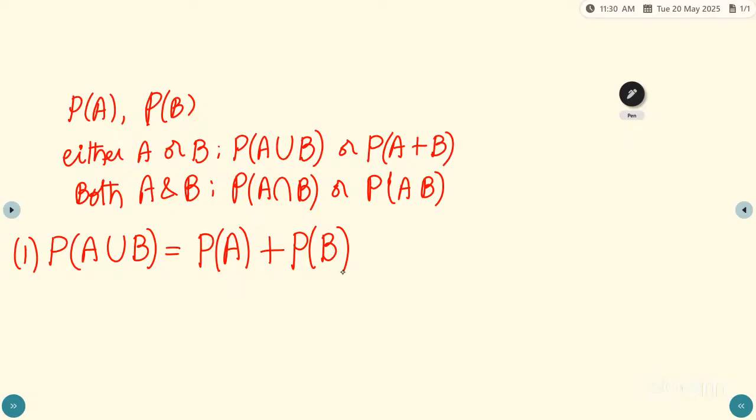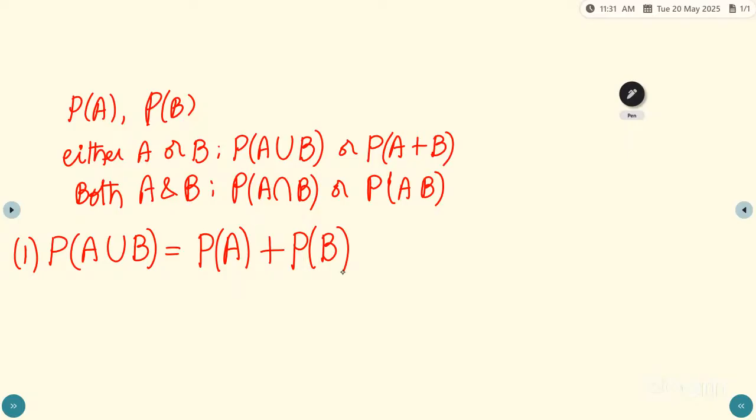Is there any possibility of getting both sun and rain at the same time? You can say loudly. Yes, there is a possibility of getting both rain and sun at the same time. Okay, they can appear at the same time. So, what kind of events are they? Mutually exclusive or not? They are not.